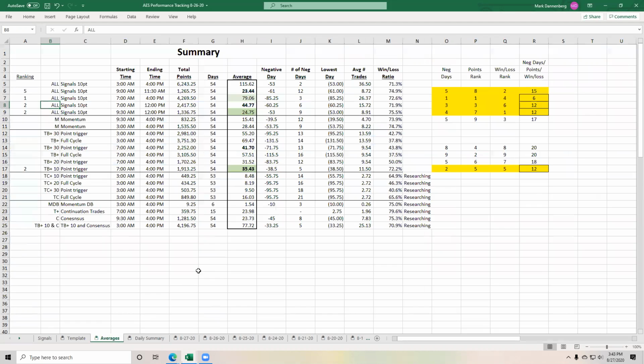If we go to the averages, you'll see the 7 a.m. to 4 p.m. time frame, trading all signals looking for 10 points, is the optimum ranked combination of signals, time frame, point production, number of negative days, and the win-loss ratio. So that's the optimum.